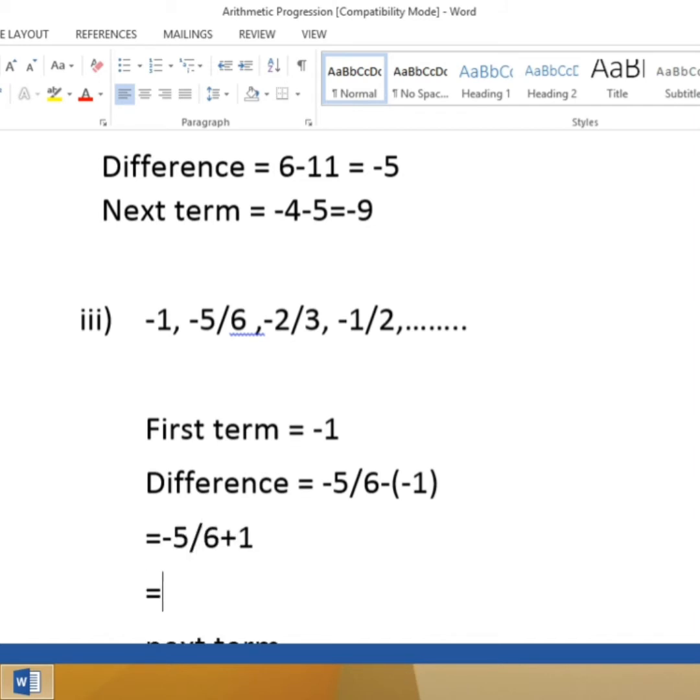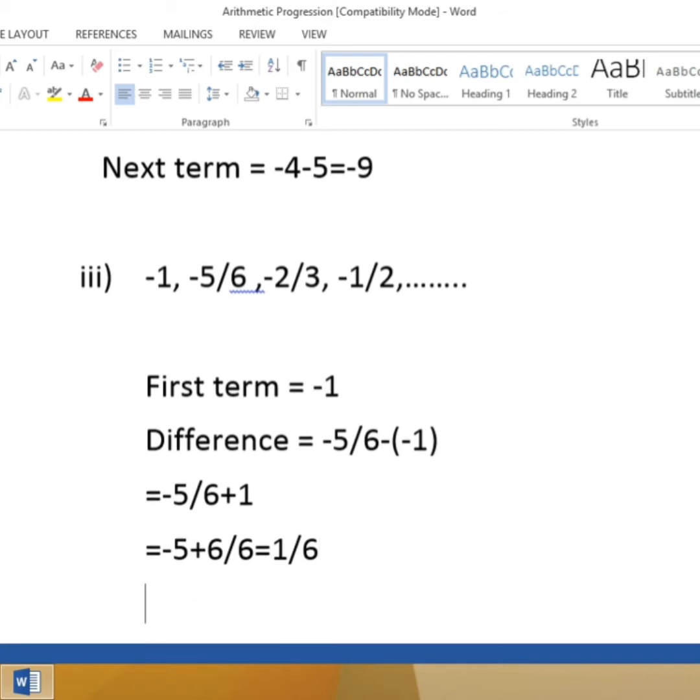That's going to be minus 5 plus 6 by 6. So the answer is going to be 1 by 6. That's the difference, sorry, not the next term, the difference.